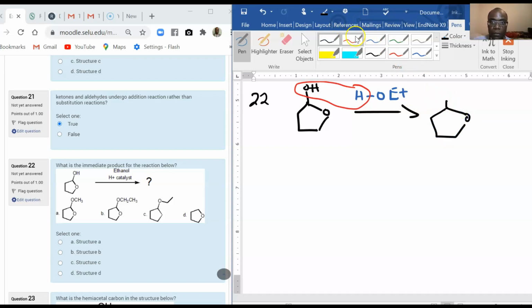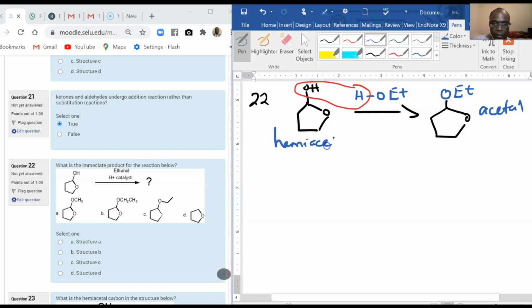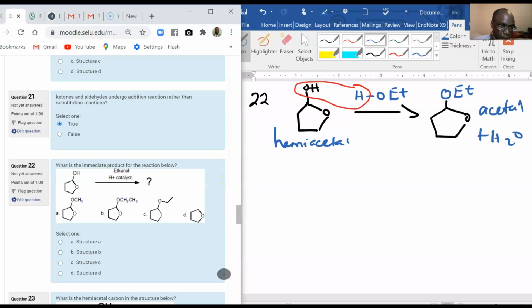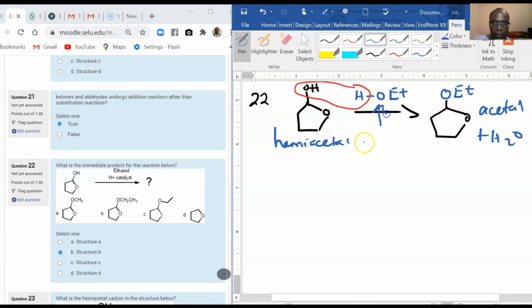So what you'll be left with is OEt, and that's an acetal. So you can convert the hemiacetal to an acetal with loss of H2O, which is what's circled. So the immediate product here is going to be answer B, because this one right here is ethanol, if you are not aware.